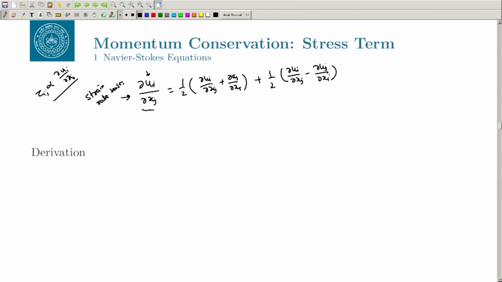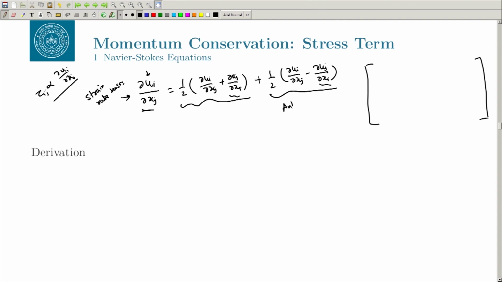If you look closely at both parts, I have not done anything, I have just added and subtracted the same term, del u i by del x j. If you observe it closely, this is basically your symmetric part, and this is the antisymmetric part.